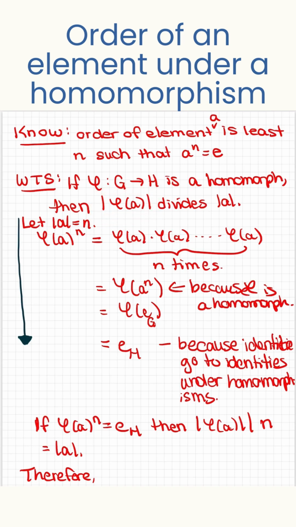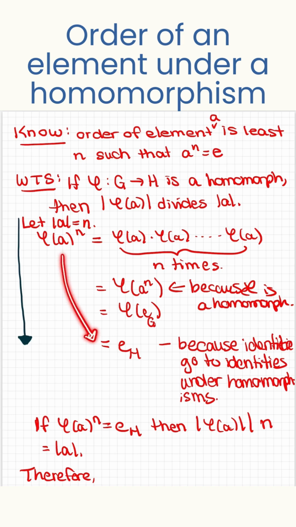Okay? And what does the order of phi of A mean? In particular, it investigates what it would mean for the order of phi of A to divide n. So remember, if the order of phi of A divides n, then that means that phi of A to the power of n has to end up at the identity. Okay? And in particular, those two things are equivalent statements.